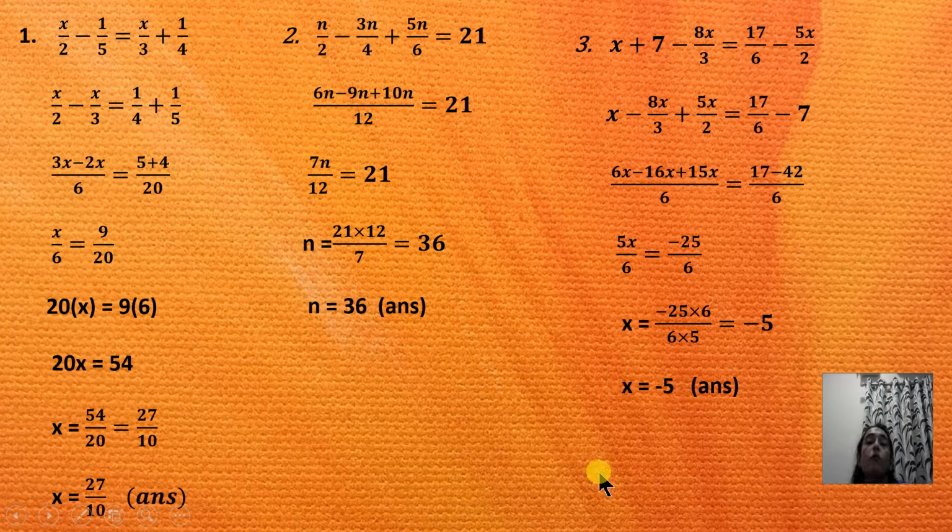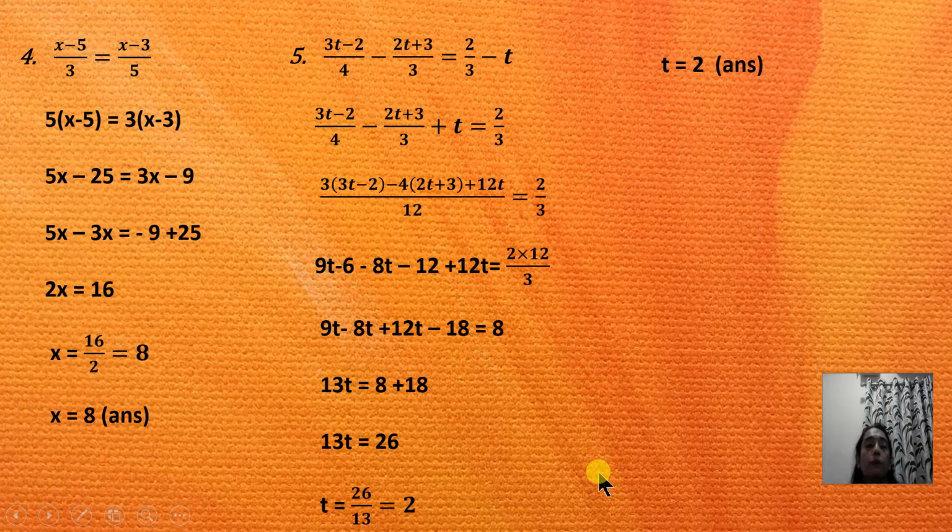Now we move to question number 4. This is very simple. x minus 5 upon 3 is equal to x minus 3 upon 5. Straight away we cross multiply. Take this 5 on the other side and this 3 on the other side.